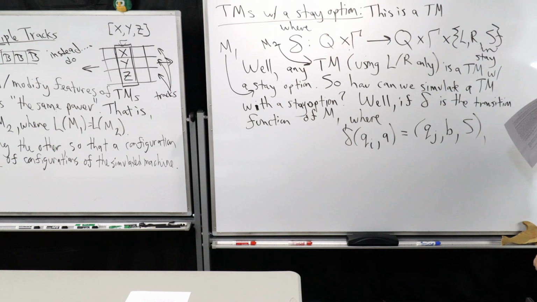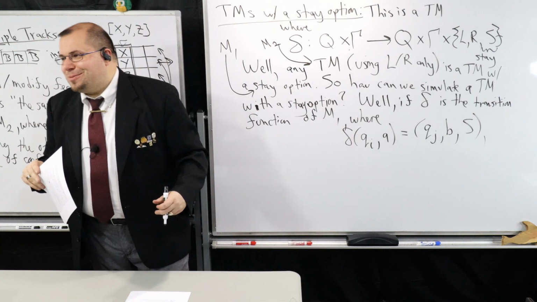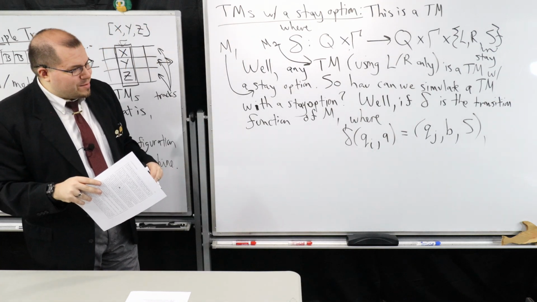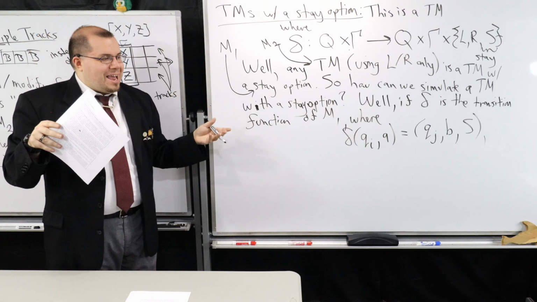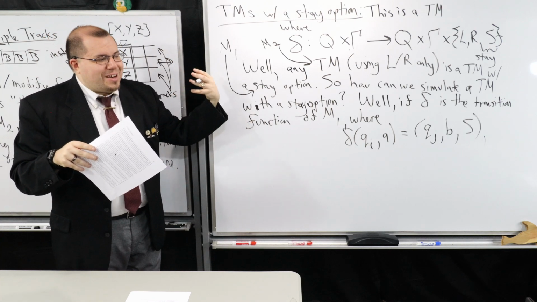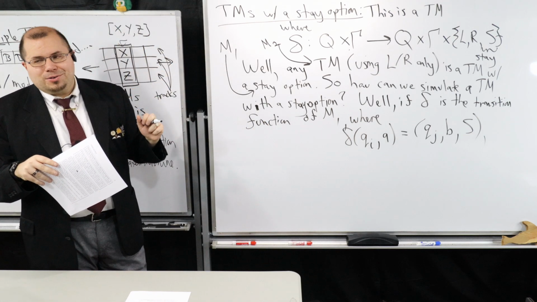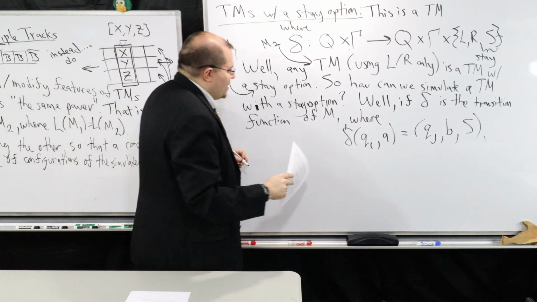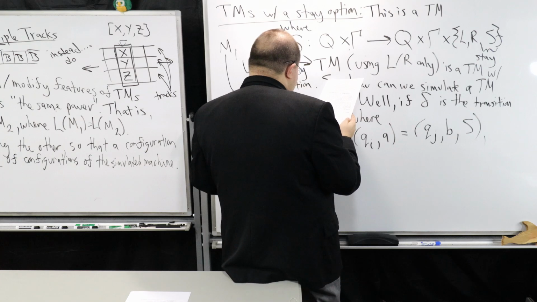Remember, we don't really care about the left and rights. Those are okay. It's these stay options that are the problem for us. So those are the ones we need to simulate, really. But keep in mind, if you were to formally prove this, you would say, hey, look, all of the moves that are already based on left and right, we can use those in our regular Turing machine. However, there's these ones. These are the ones I have to do something a little bit more with.